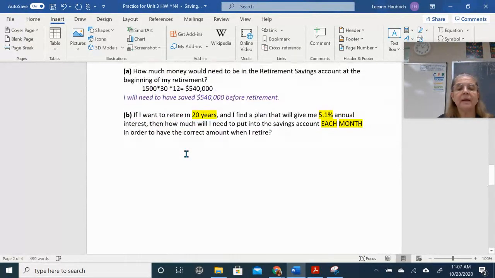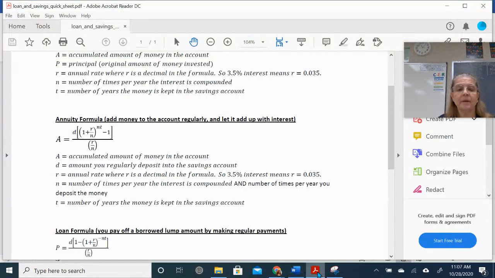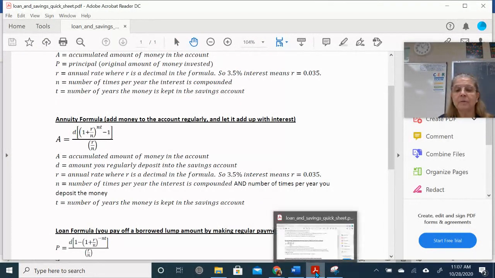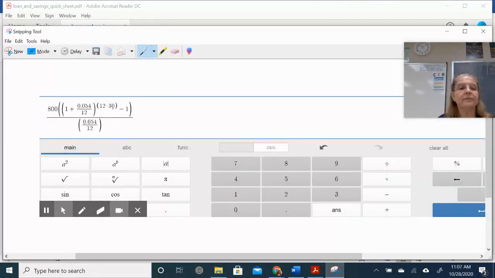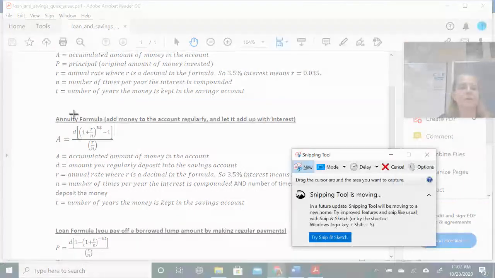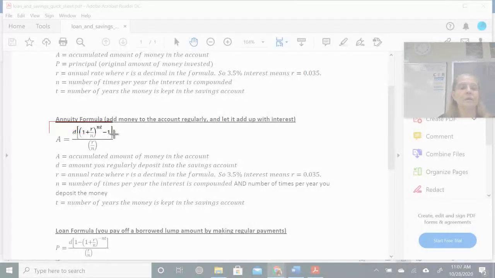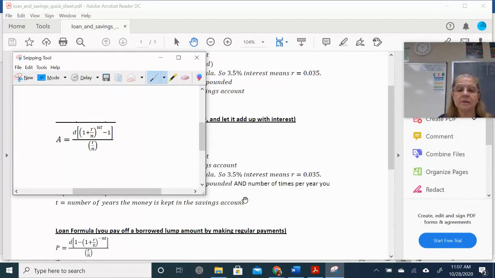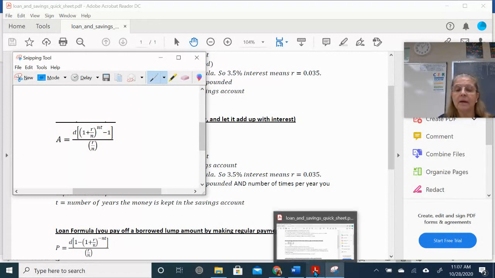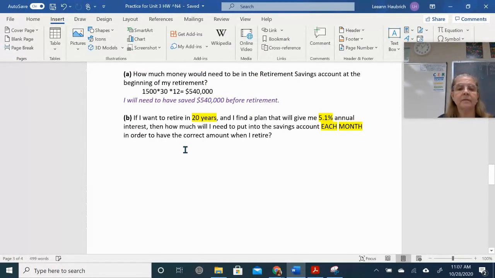So let's go back and find the annuity formula. This is the annuity formula. So I'm going to take a screenshot of the formula that I need, hit new. This is what I am looking for. I am going to add this in up here.